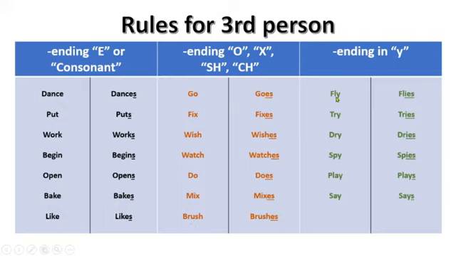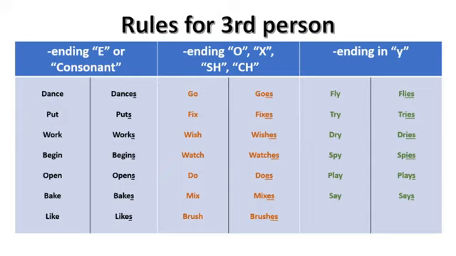Okay, and finally we have verbs ending in y. Ending in y, we have maybe fly, try, spy, play, and say. But pay attention, it's kind of difficult because in this rule there are two different ways.